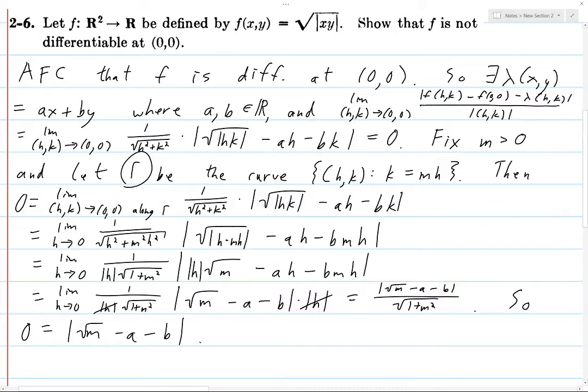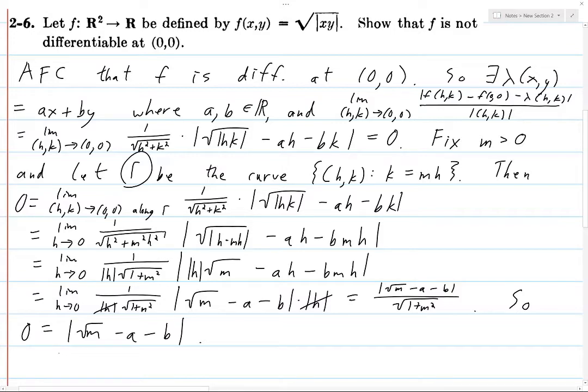Let's see here. When I was writing this out, I sort of was stupid and didn't include the absolute values. So the proof that I have written down doesn't work, but you can sort of wing it, because once you see this, 0 needs to equal this.